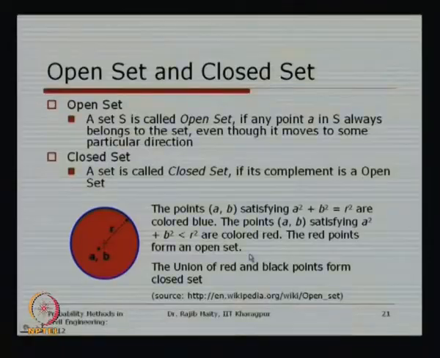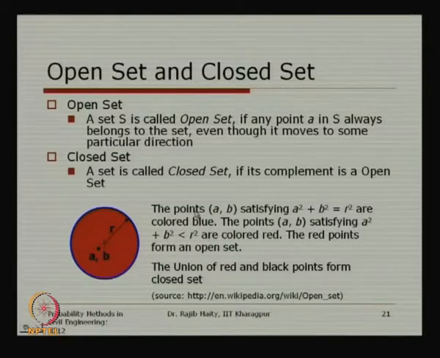Coming back to this example, which is taken from Wikipedia, the points (a, b), if they satisfy the relationship a square plus b square equals r square, which is nothing but the equation of a circle, shown by this blue line, are colored blue here.